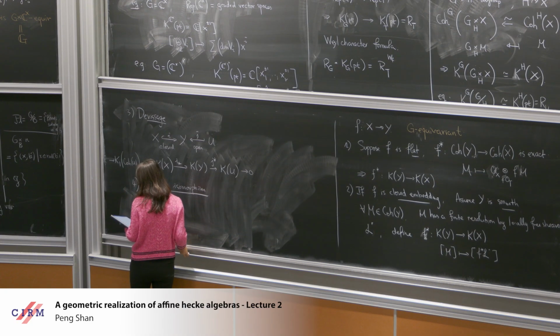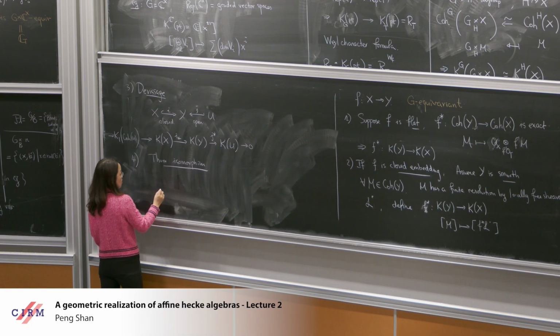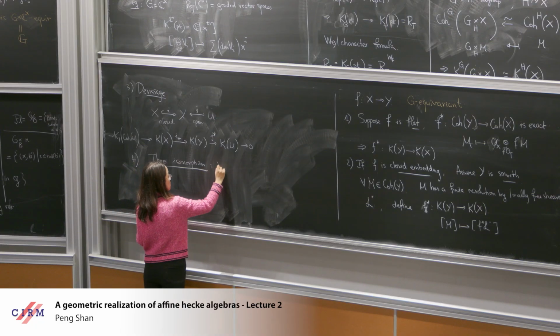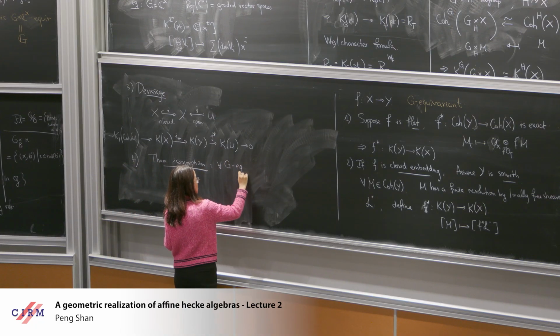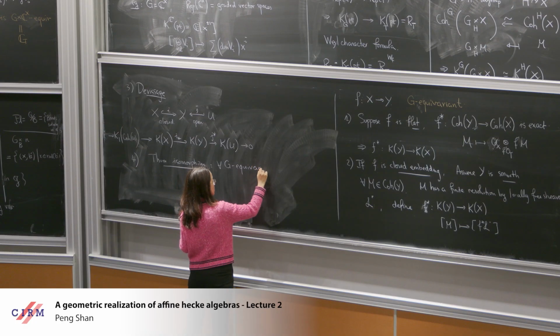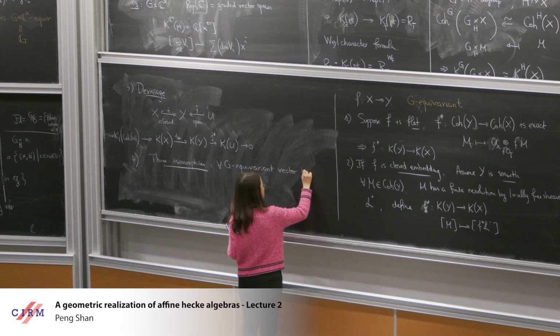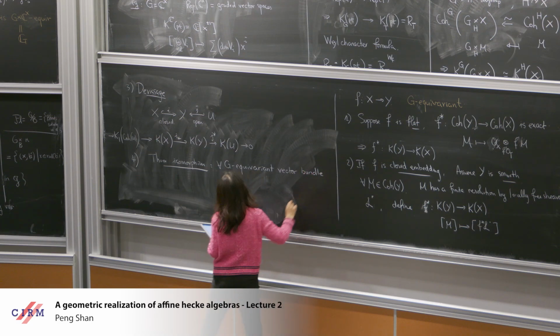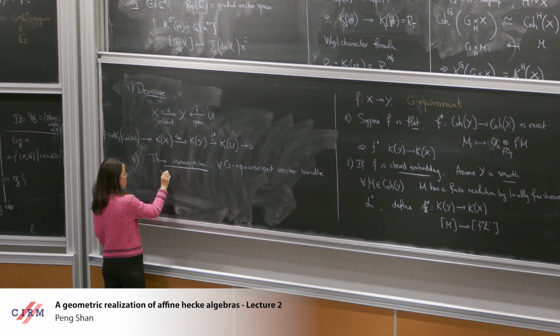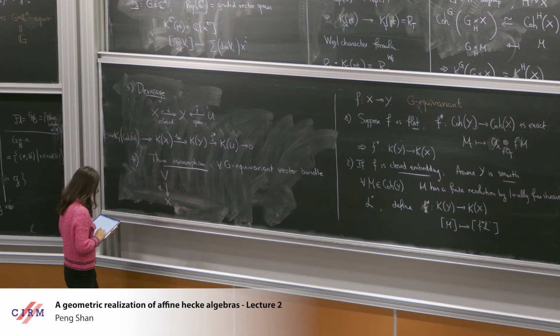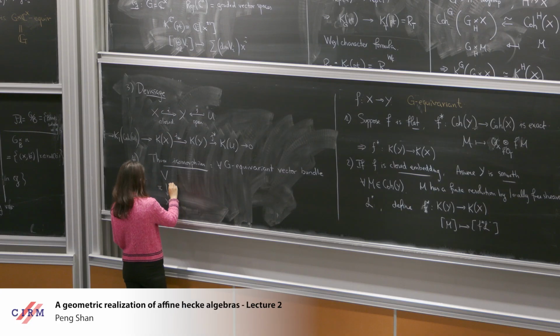So this says if you have any G-equivariant vector bundle, let's say pi from V to X, and let's write i for the zero section of this bundle.